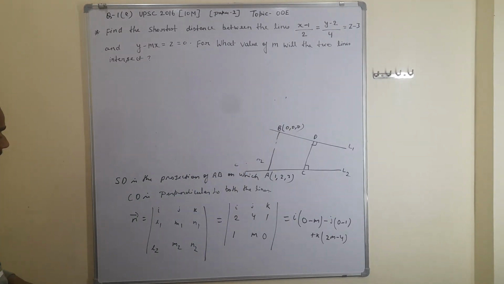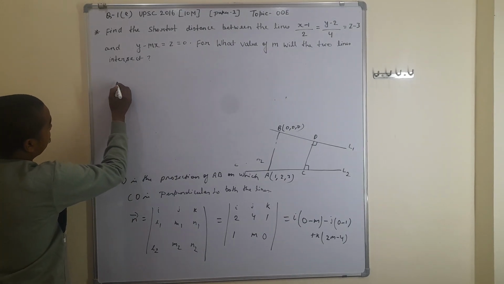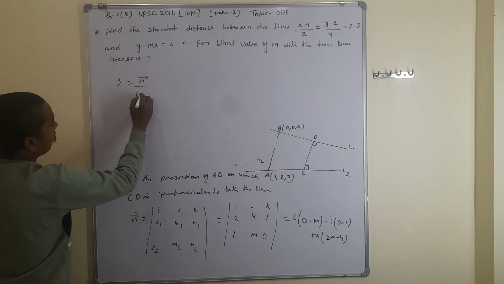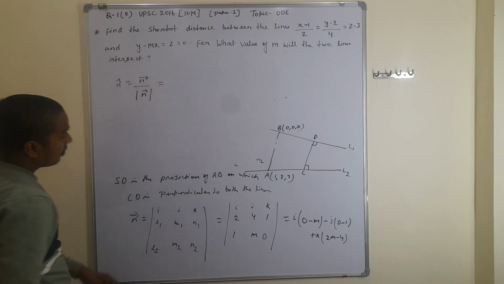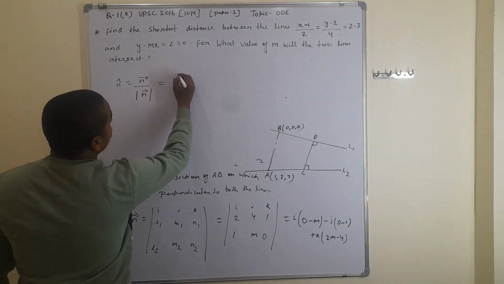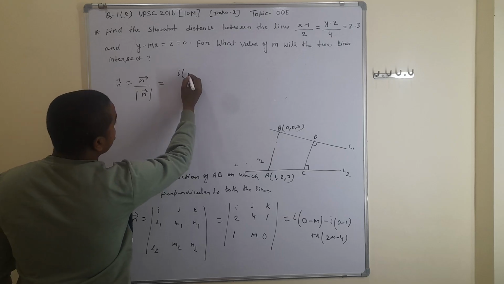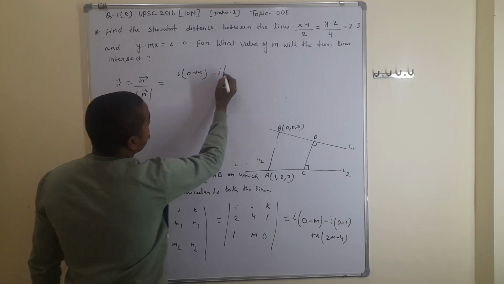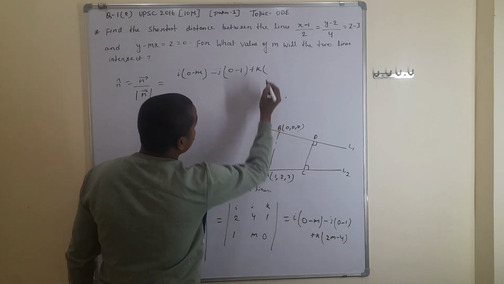We have to find the n vector, taking the projection of the n vector, that is n cap, which is n vector upon mod of n vector. The n vector is minus m i, minus of j times (0 minus 1), and plus of k times (2m minus 4).